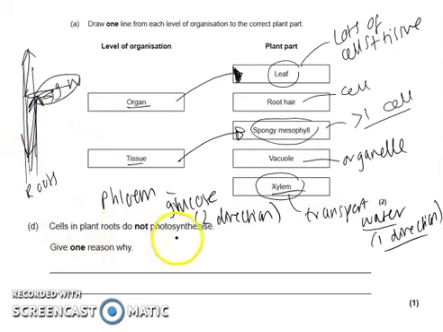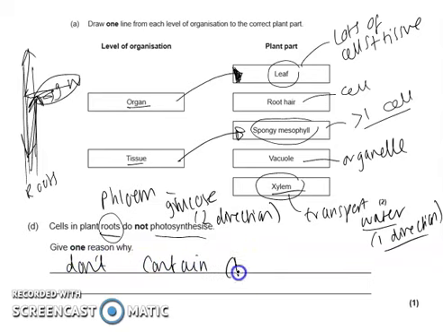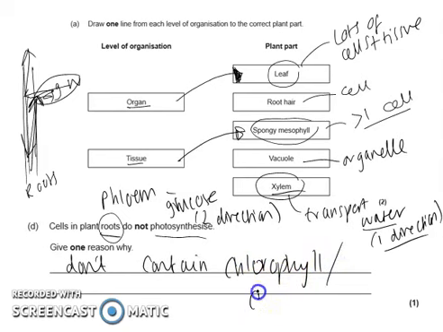Cells in plant roots do not photosynthesize. Give one reason. Well, roots are not going to be needing to photosynthesize anyway because they're underground. They're not going to be able to absorb any light. But the reason they do not photosynthesize is because they don't contain chlorophyll / chloroplasts.